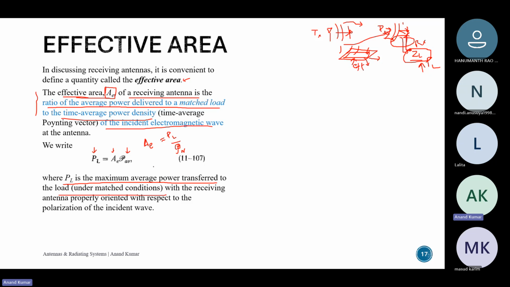Okay. So this load is matched. If this load is not matched, then again there will be losses from the received power from the antenna to the received power at the load because of the load mismatch. So right now we're ignoring that.